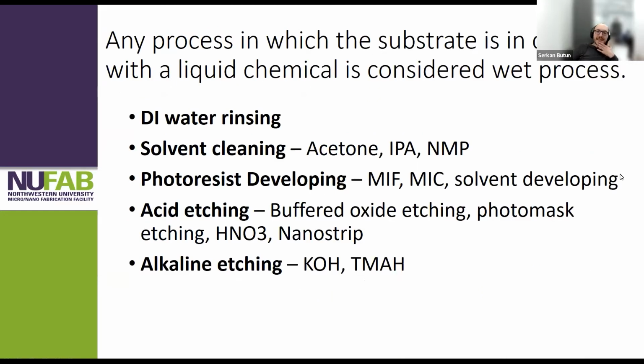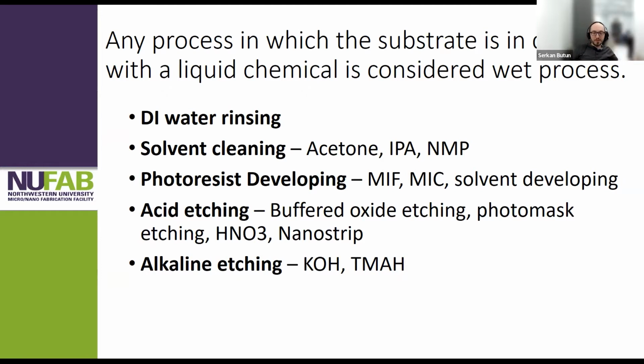And so here I listed what types of processes we offer. First of all, if you have liquids in contact with your substrate, that process is called a wet chemical process. That could include simple DI water rinsing and solvent cleaning, which we do mostly when we start processing our substrates.